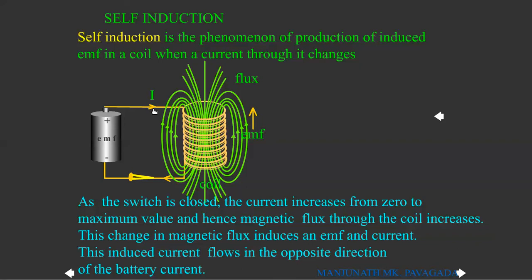Look here, this is the current produced by this battery EMF. As EMF is induced, this also produces current, called induced current. This current is opposite to I, and this opposes the increase in current. That is, the current produced by this induced EMF opposes the increase in current produced by the battery.